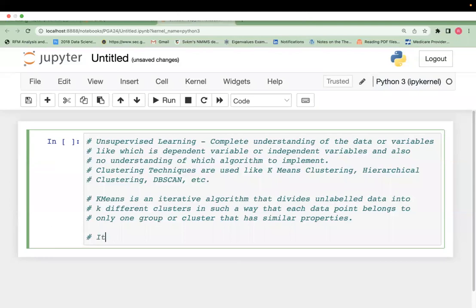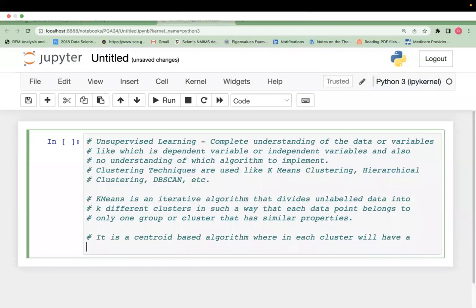It is a centroid-based algorithm, wherein each cluster will have a centroid, also referred to as midpoint or central tendency.